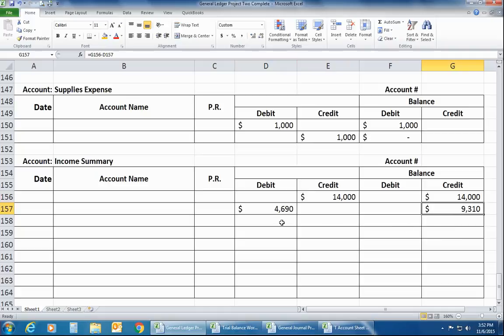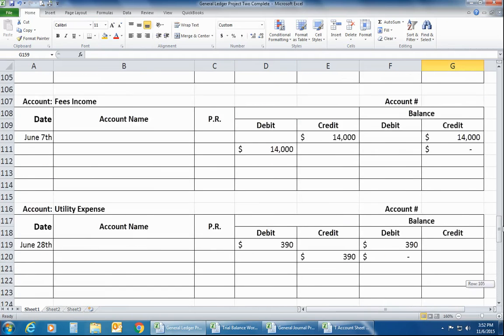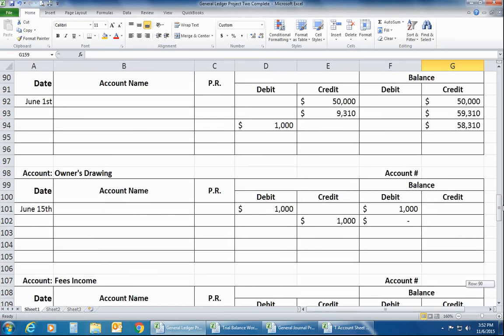The last thing, remember, that we have to do now is we've got to go in and have a debit entry of $9,310, which is going to give us a zero balance. At the same time, we've got to move that money up to the owner's capital account. So the $9,310 will make its way up to there and give it a $59,310 balance in that account.